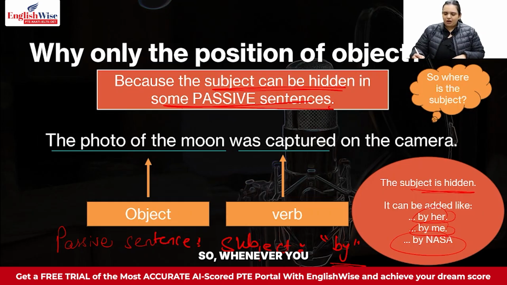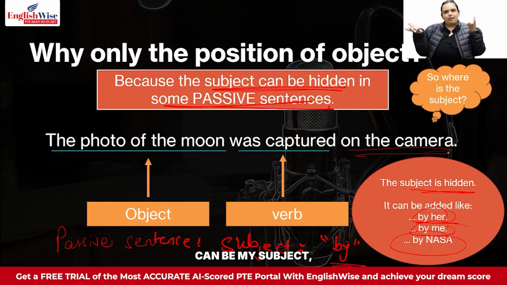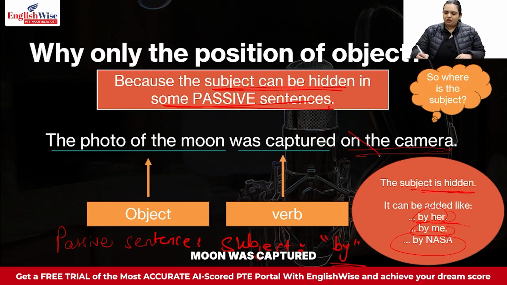Whenever you have the word by, whatever comes after that is going to be your subject in passive sentences. So when you thought that on the camera can be my subject, in that case the sentence would have been formed like the photo of the moon was captured by the camera, not on the camera. To make camera the subject, we have to write by the camera, not on the camera.